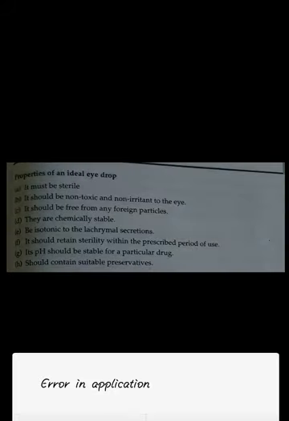It should retain sterility within the prescribed period of use. Its pH should be stable for a particular drug. It should contain a suitable preservative. Preservatives are used in eye drops to avoid microbial contamination.